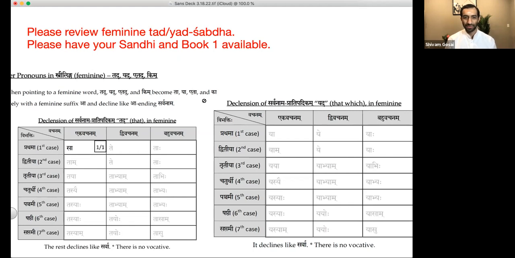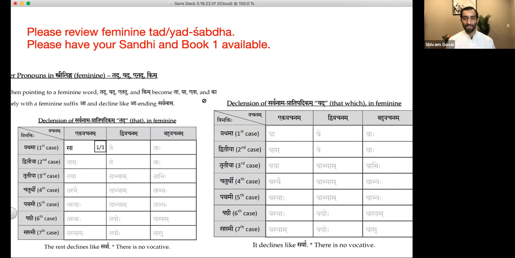Okay. So we'll start with 1-1. This is Sarvanama Pratipadikam Tad Strilinga. Sa, Te, Taha, Tam, Te, Taha, Taya, Tabhyam, Tabhi, Tasyai, Tabhyam, Tabhyah, Tasyaha, Tabhyam, Tabhyah.